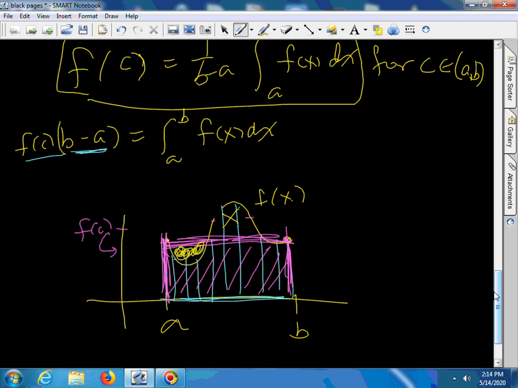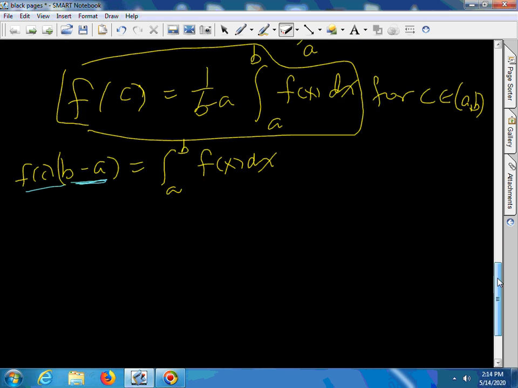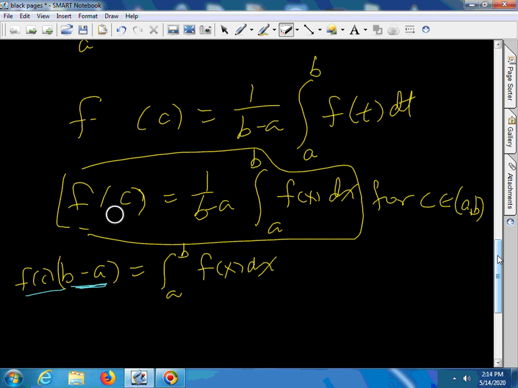I guess that this area and that area are equal, so they cancel out. So basically, one would call this f of c the average height of f of x from a to b.